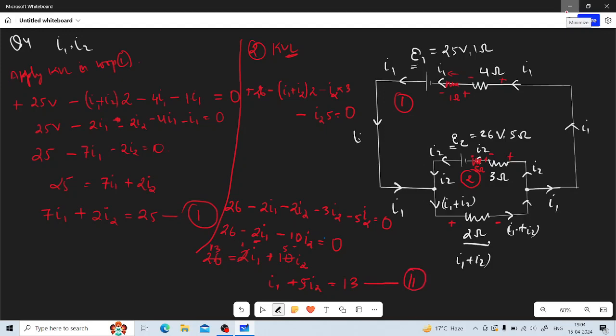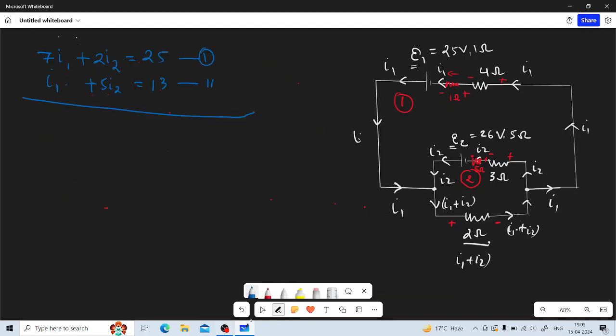So we need to solve equation 1 and equation 2. So let me clear all those things except for 1 and 2. Okay, we come to equation 1 and 2. So we need to solve them. I want to remove I1. So here we have 7 times I1, and here I have only 1 time I1. So I multiply this by 1 and I multiply this by 7. On doing so, I have 7 times I1 plus 2 times I2 equal to 25.